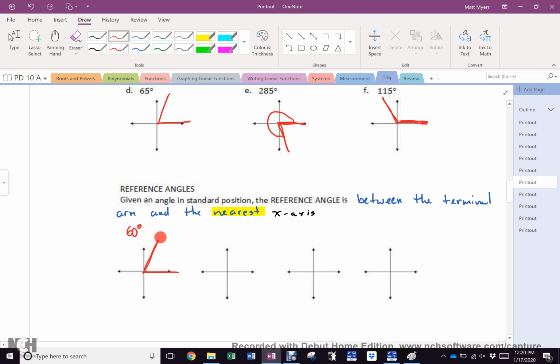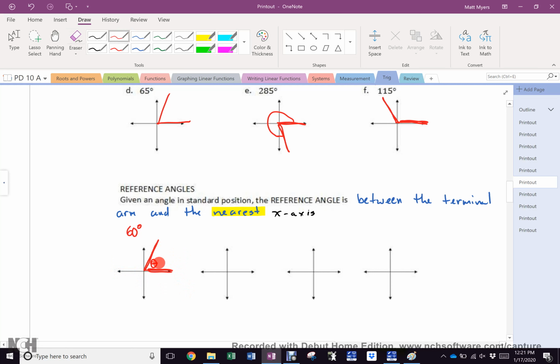Okay. What is the nearest x-axis to this terminal arm? Is it yellow or blue? Blue. Okay. So that means that if my angle is here, this is theta, isn't it?